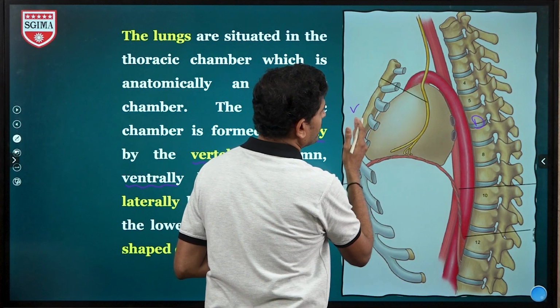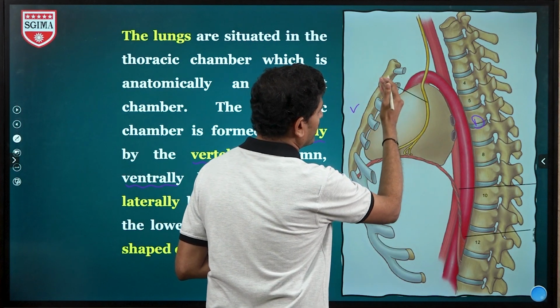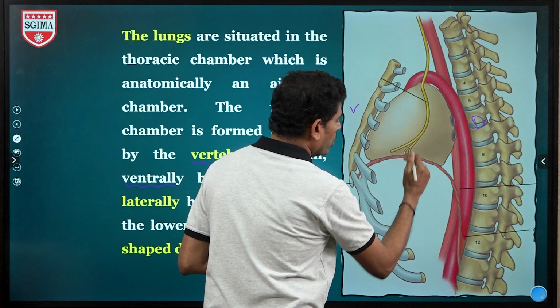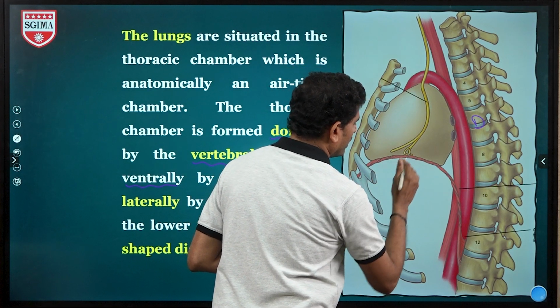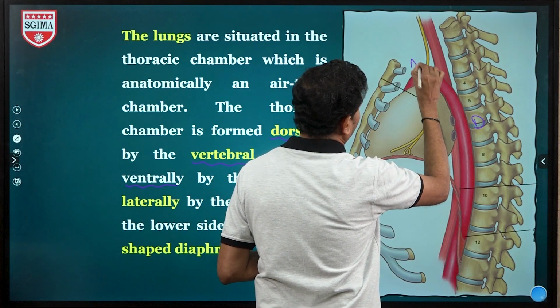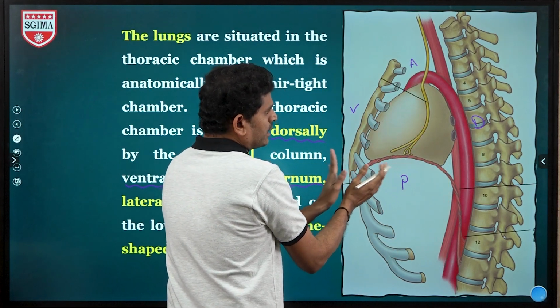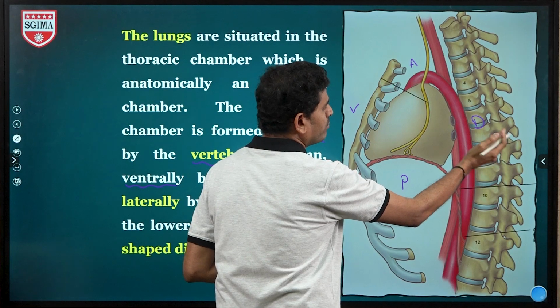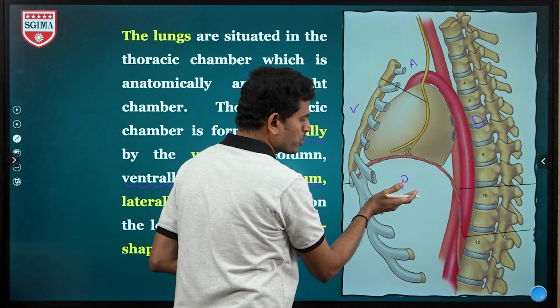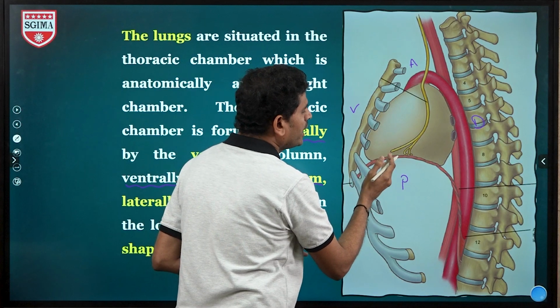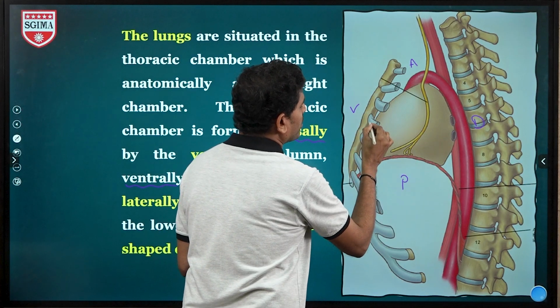Dorsal side vertebral column, ventral side sternum. And the lower side is the diaphragm. That is the posterior side. So these three parts are the dorsal side vertebral column, the ventral side sternum, and the posterior side diaphragm. And laterally, ribs are present.